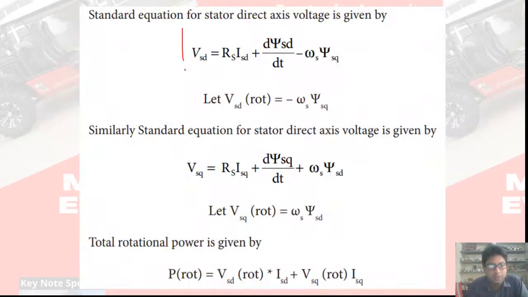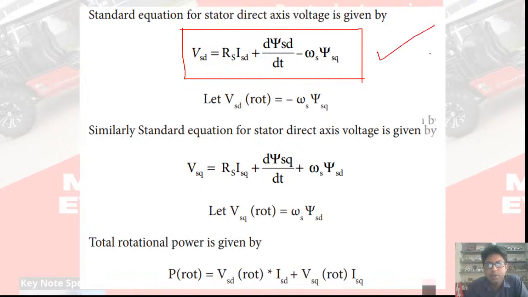Now the standard voltage equation: electrical engineers have already learned the mathematical modeling of rotating electrical machines, so they are familiar with this. Even if you are not, you can write it.